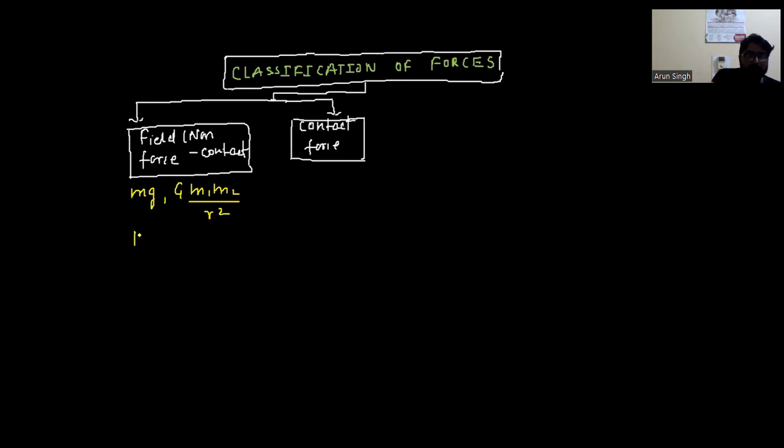Gravitational force, this is called gravitational force. This is electrostatic force, k q1 q2 by r square. Okay, and q v cross B, this is also field force. Non-contact force like mg, G m1 m2 upon r square, k q1 q2. This is basically the example.